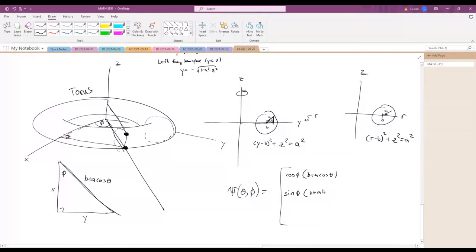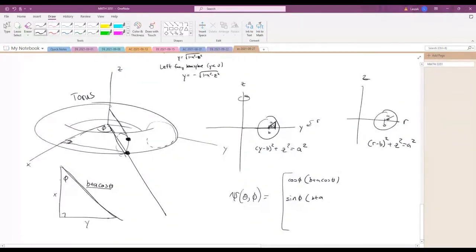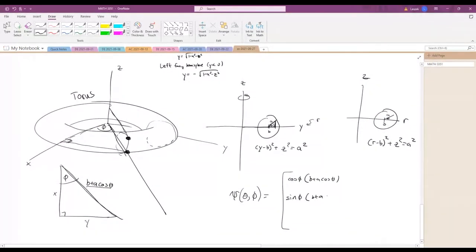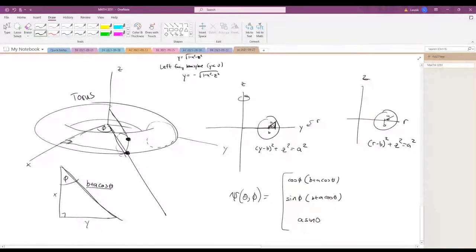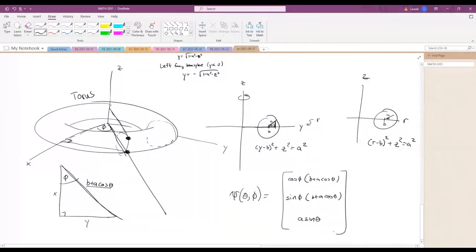So y would be the hypotenuse times sine of phi. And then z is still just a times sine of theta. It's part of what I'm trying to explain here.